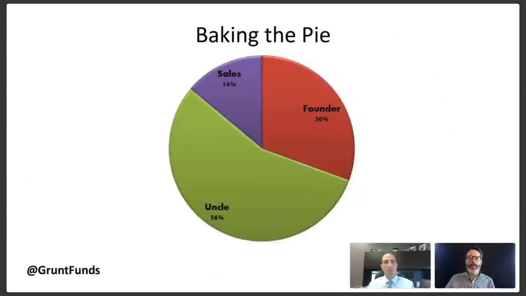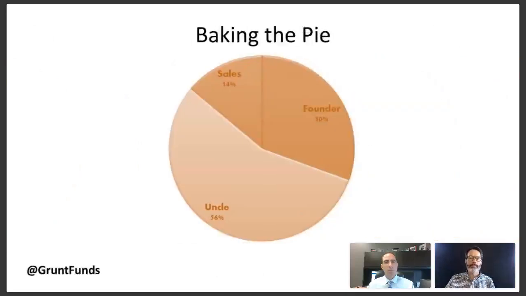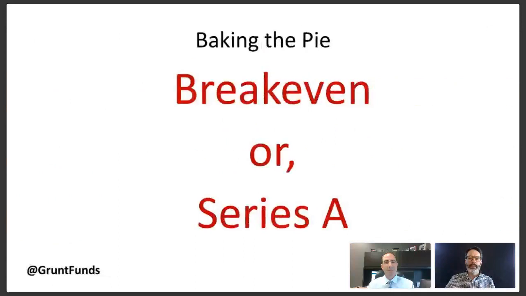So eventually you want to bake the pie. Baking the pie means you stop adding slices and actually issue equity. This is that equity issue thing we talked about. Turns it crisp golden brown. So you do this at break even or Series A. As the company generates revenue, it can use that revenue to pay its expenses, its bills, its supplies, its rent, and of course its salaries.